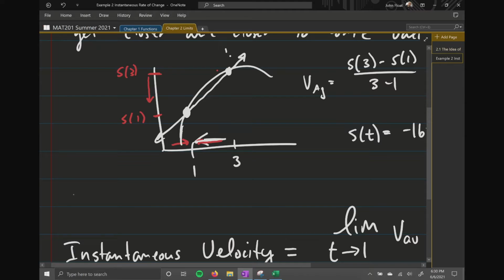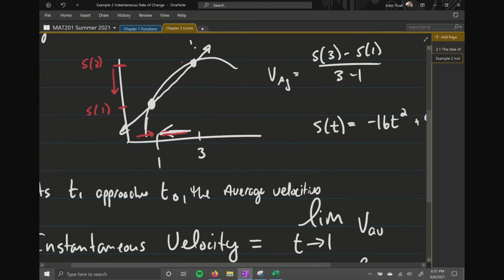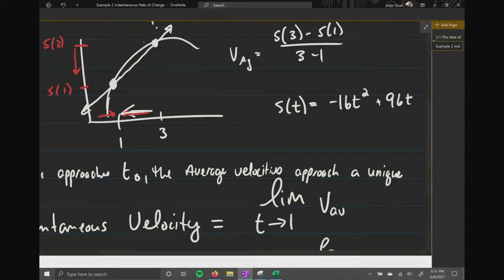As t1, which is going to be some arbitrary value, some step size further away from t, approaches t sub 0, the average velocities approach a unique number.